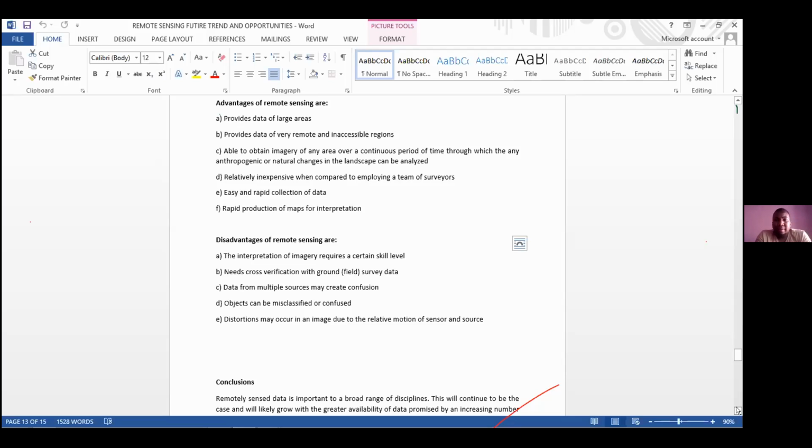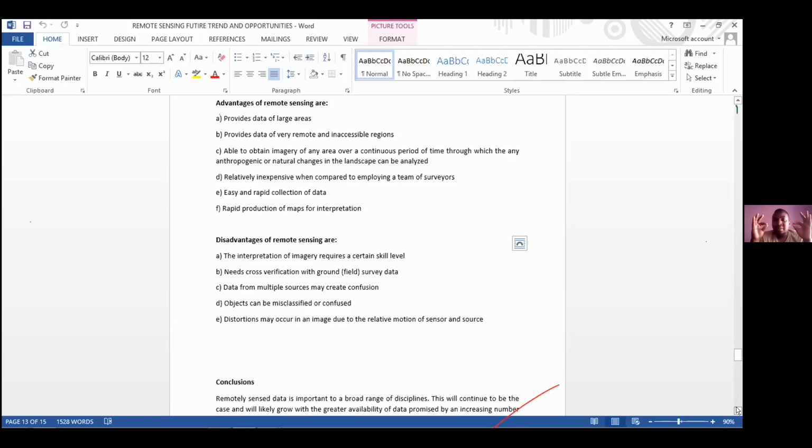And then the next disadvantage is that data from multiple sources may create confusion. For instance, maybe you're using the Landsat satellite, and you're using the Ikonos satellite. They'll give you different information. Why?